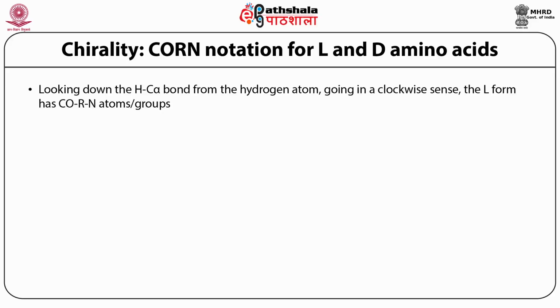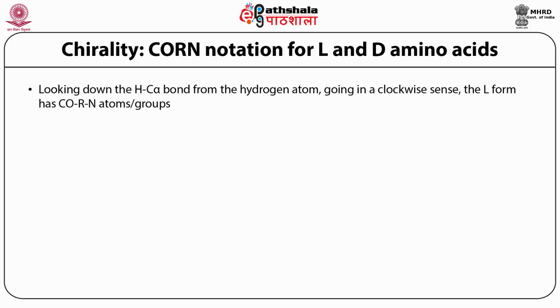Because of the sp3 nature of the C alpha atom, the three groups, carboxylic CO, side chain R, and amino group NH, are equally spaced at 120 degrees each.